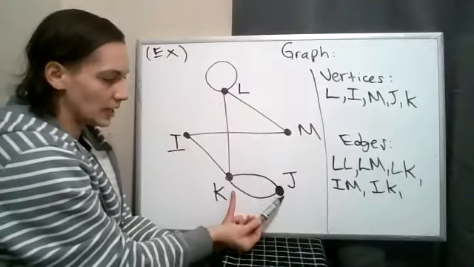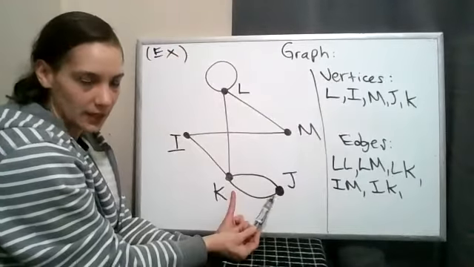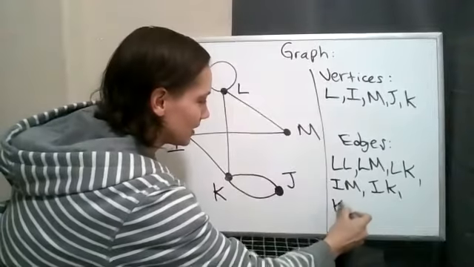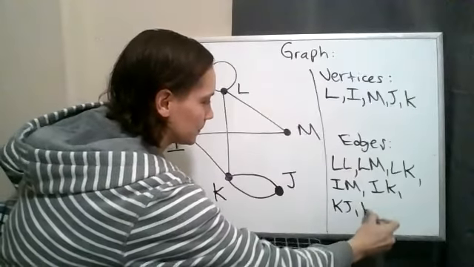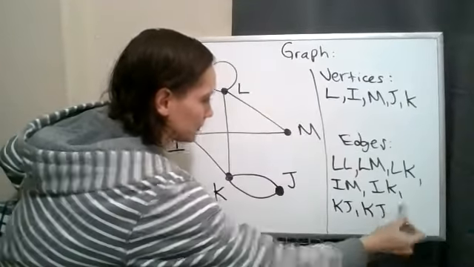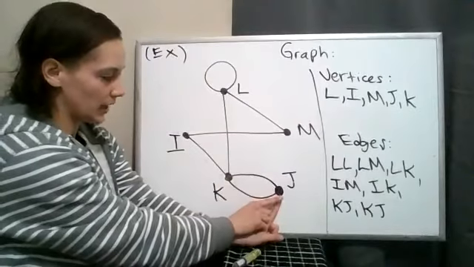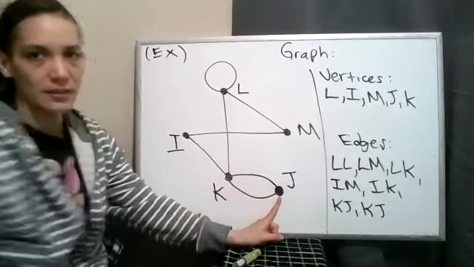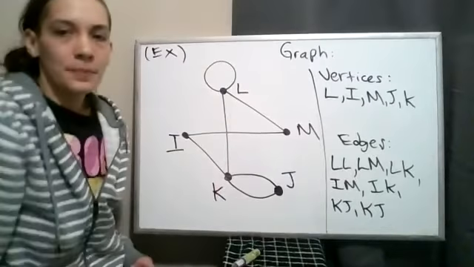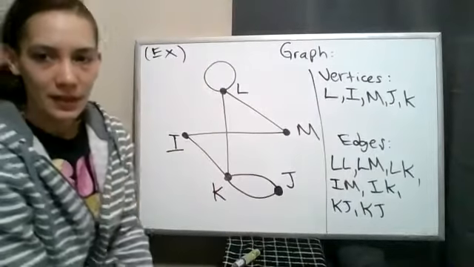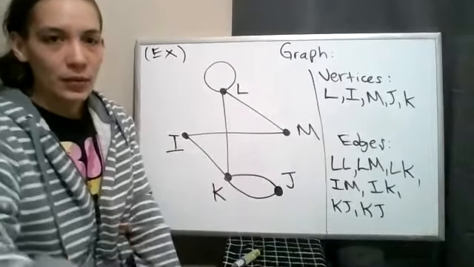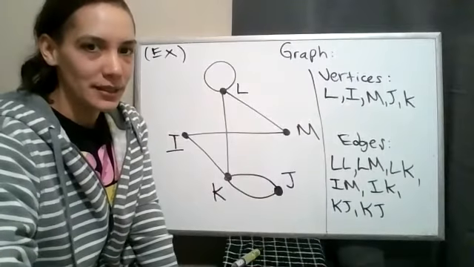So let's take K to J, and also another one, KJ. I think we're done because now we're at the bottom and there's J, which went to K twice. So we will move into some more notes.